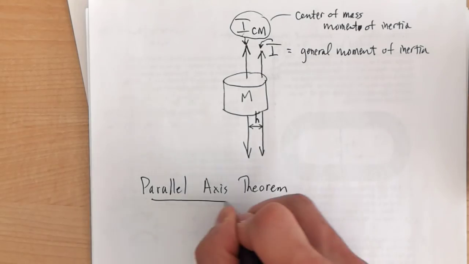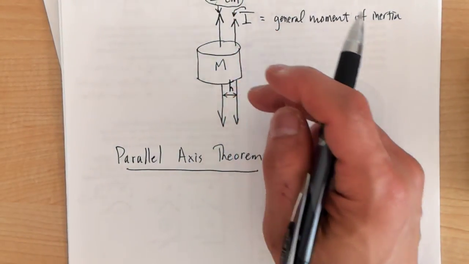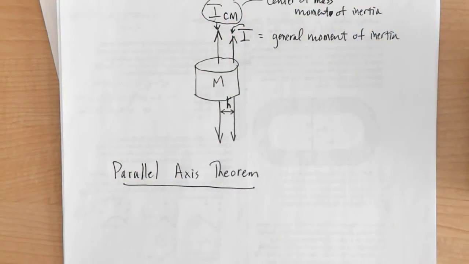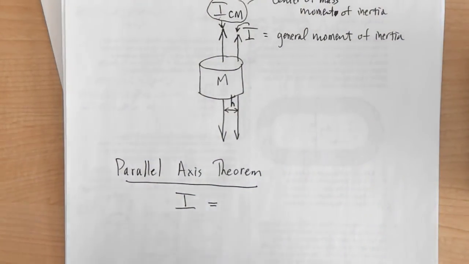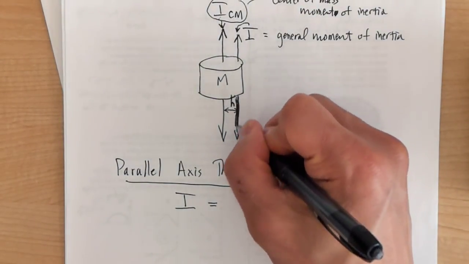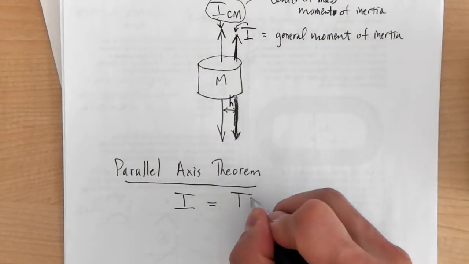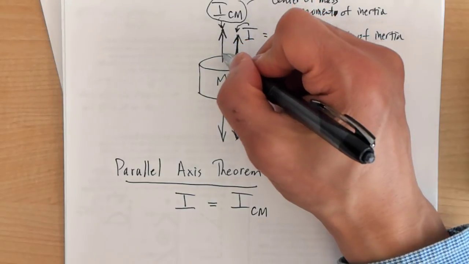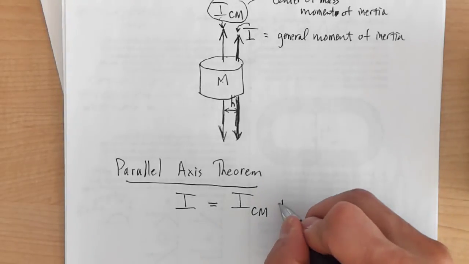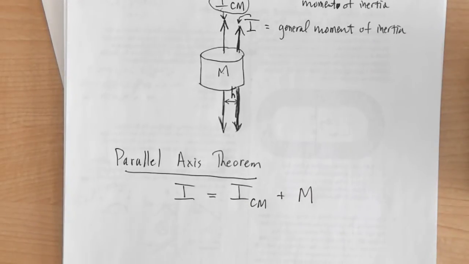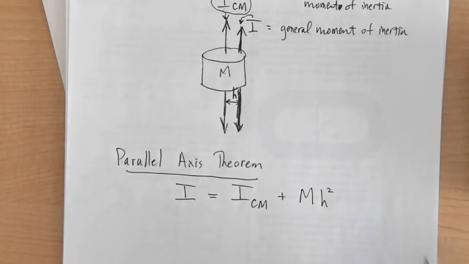The formula is that I, about the new axis that I'm highlighting here, will be equal to the moment of inertia about the center of mass, through the symmetry axis, plus the mass of the object times the separation between the axes squared.